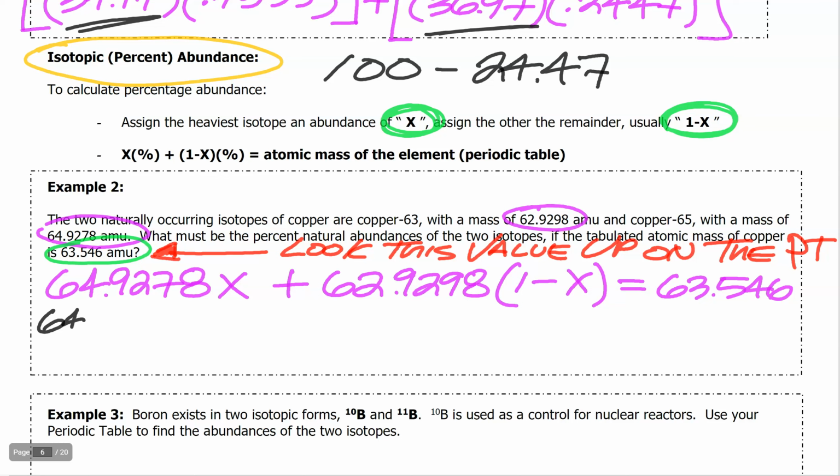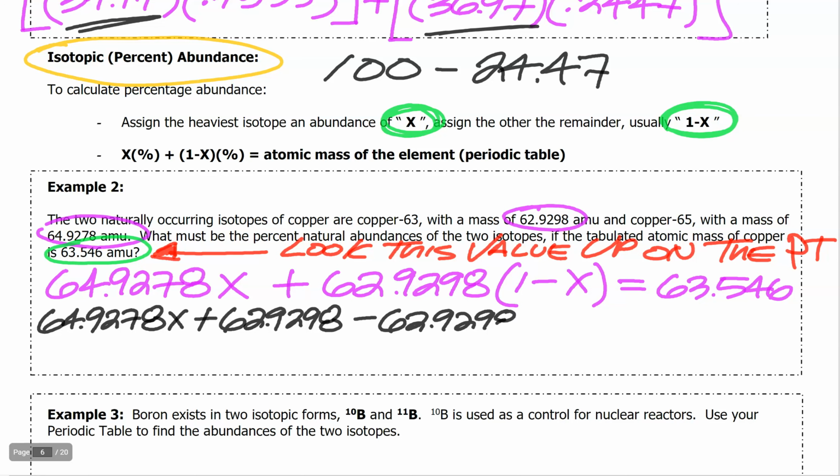So this is going to be 64.9278x, and then we're going to add that to 62.9298, see I multiplied by 1, minus 62.9298x, and then we set that equal to 63.546. And again, now you're going to solve for x, and so we're going to run that through.